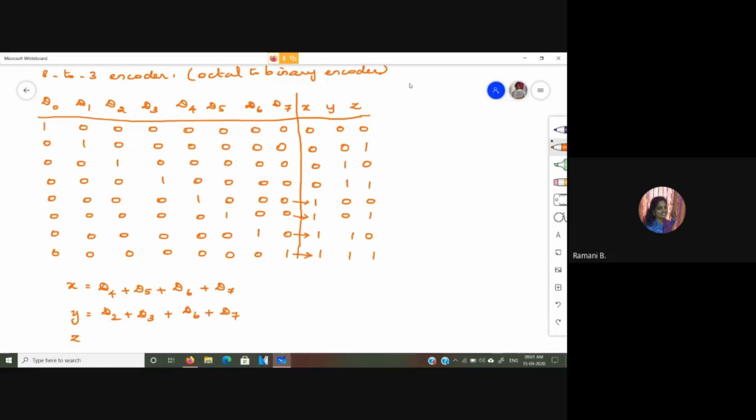And for Z, you have D1 plus D3 plus D5 plus D7. Okay. This is what our 8 to 3 encoder looks like. Okay, you can simply draw it actually. You have all the 8 inputs.